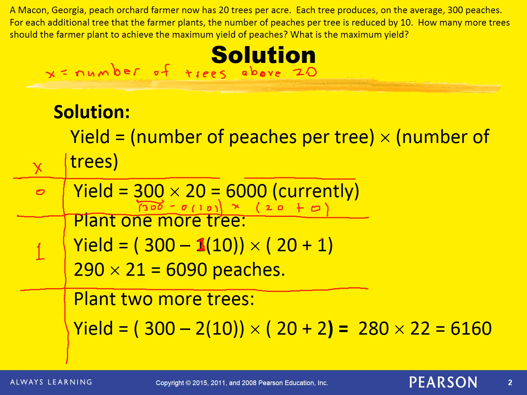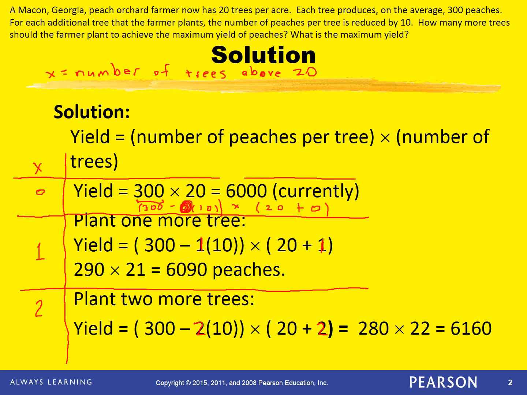So we've got a 1, and a 1. In the next one, we've got x equals 2 and a 2 and a 2.